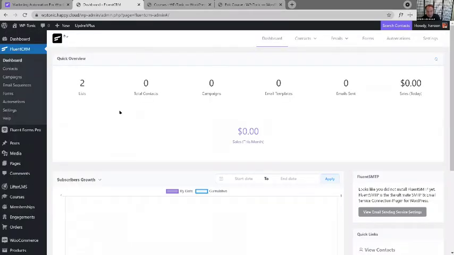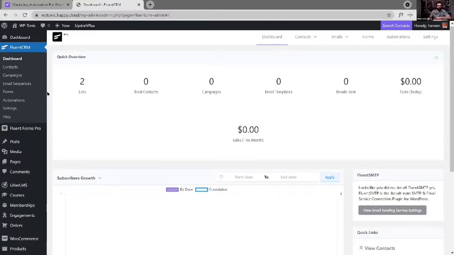So the other thing is, compared to Groundhog and Fluent, what are the graphs and the information that both platforms give when it comes to data connected to a campaign?